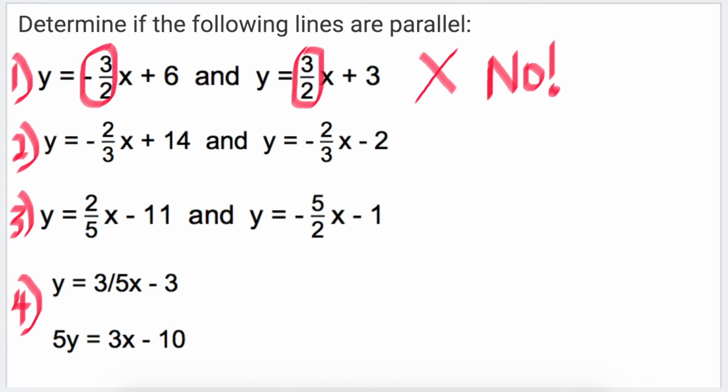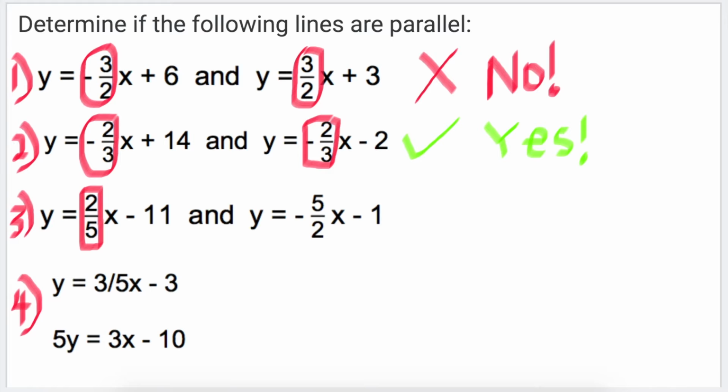In the second example, we have a slope of -2/3, and the other line has a slope of -2/3. Since those two slopes are the same, yes, those two lines are parallel. Number three, we have a slope of +2/5, and the second line has a slope of -5/2. Those two slopes are different.